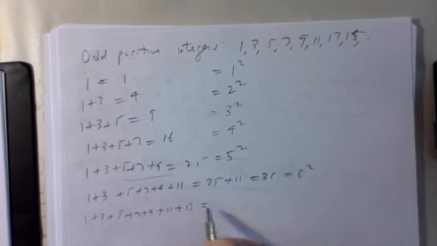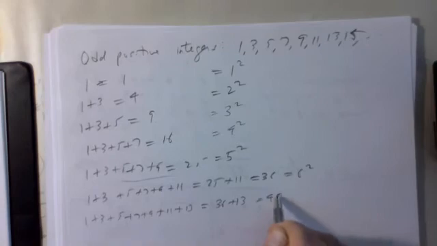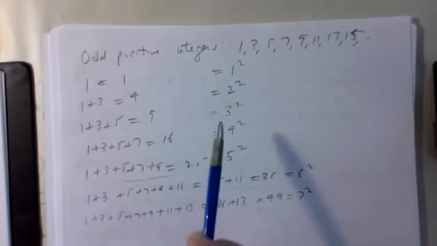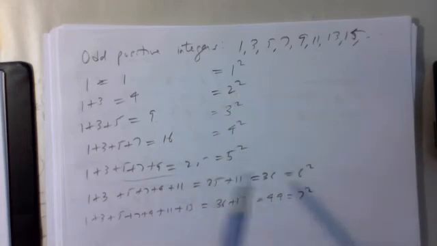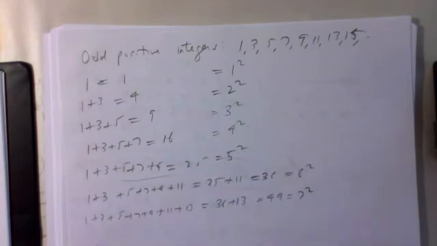I add 13. 36 plus 13 is 49, which is 7 squared. So you certainly see a pattern here. You get on the right-hand side the successive squares of the integers. 1 squared, 2 squared, 3 squared, 4 squared, and so on.